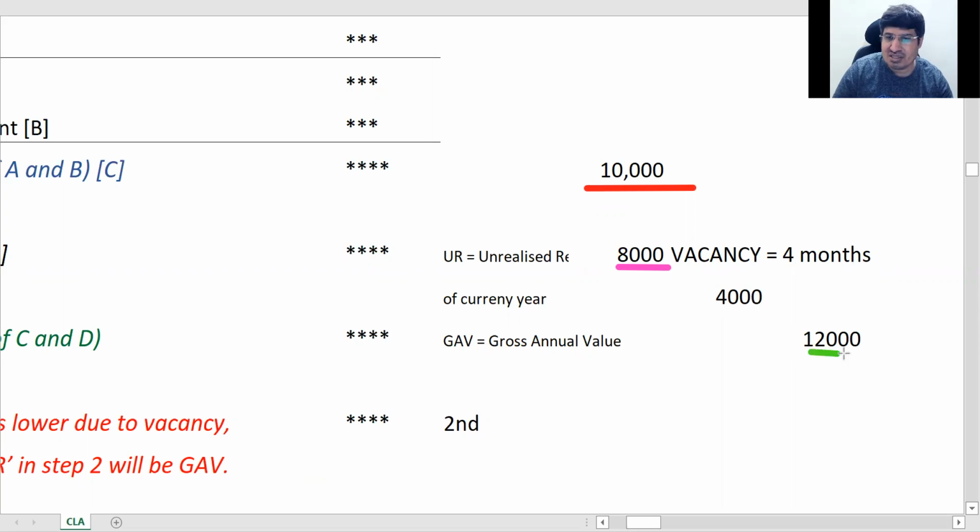So this is the elder brother, including vacancy. If ARR minus UR is less because of vacancy, to find that out, you first find the elder brother and compare the elder brother with RER. If the elder brother is equal or more, then this will be GAV. If it is less, then this will be GAV. That's it.